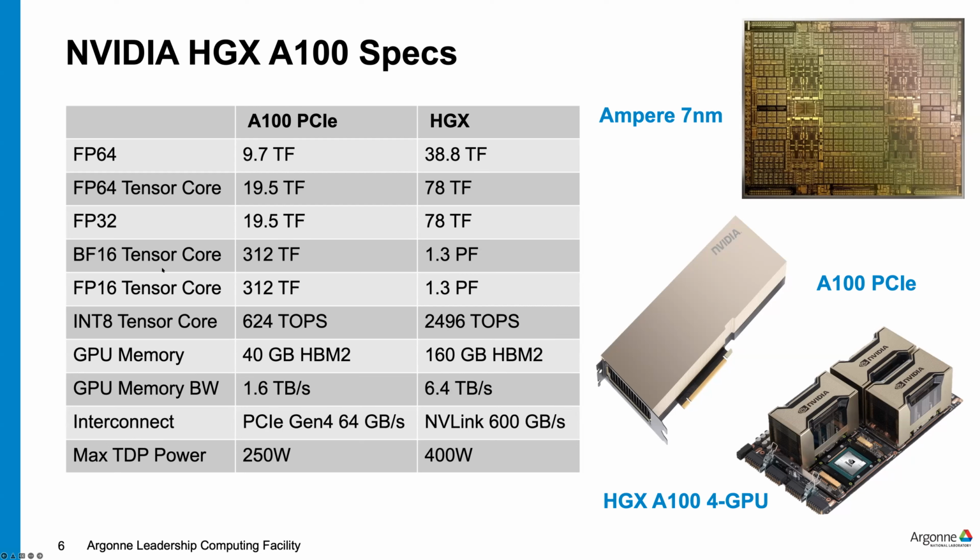There's also hardware support for various smaller types, primarily for machine learning. These GPUs will be connected to the CPU with Gen 4 at 64 gigabytes a second. But within the 4 GPUs, you can use NVLink at a much higher bandwidth to share memory between the GPUs on the node.